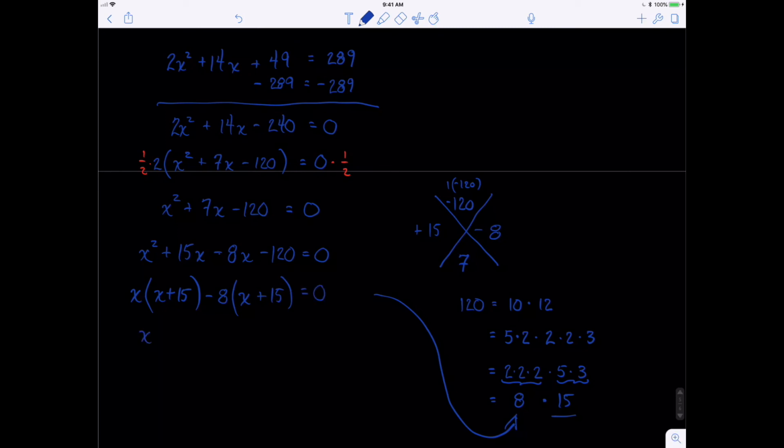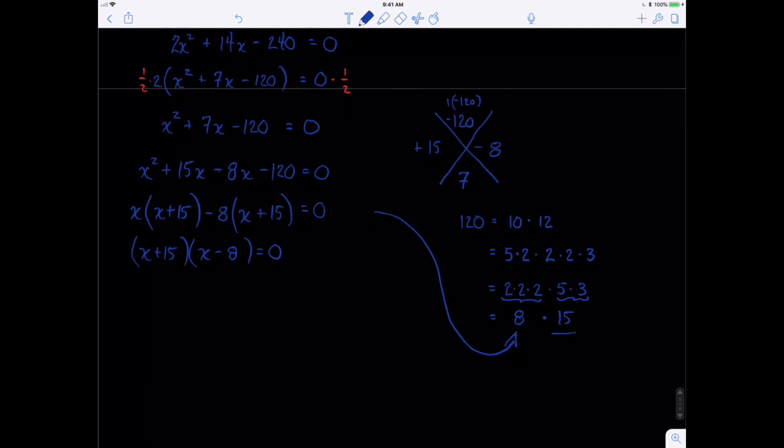My greatest common factor is now x plus 15 times x minus 8. And then what we do is we set each factor to 0. So x plus 15 is 0, or x minus 8 is 0. So notice my answers are x equals minus 15 or x equals 8.